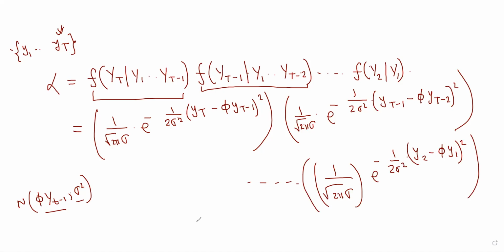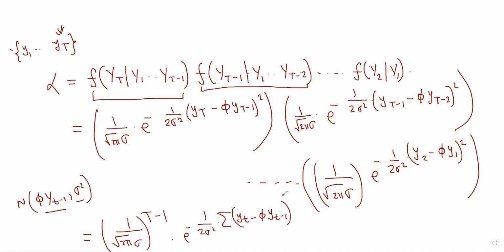So this simply becomes, if you take this apart, something to the power t minus 1, and e to the power minus 1 by 2 sigma square, summation of yt minus phi yt minus 1 square.